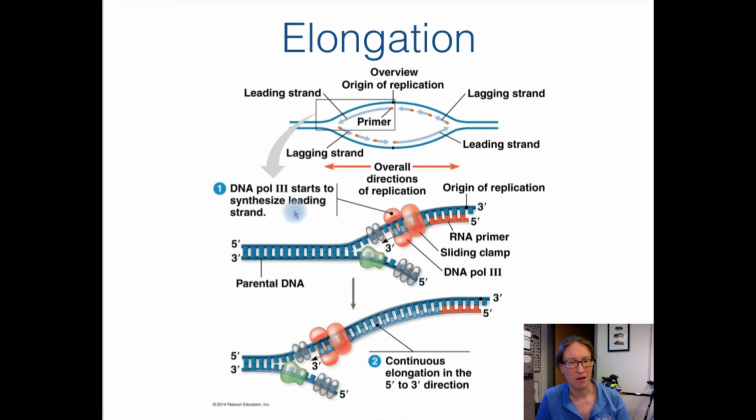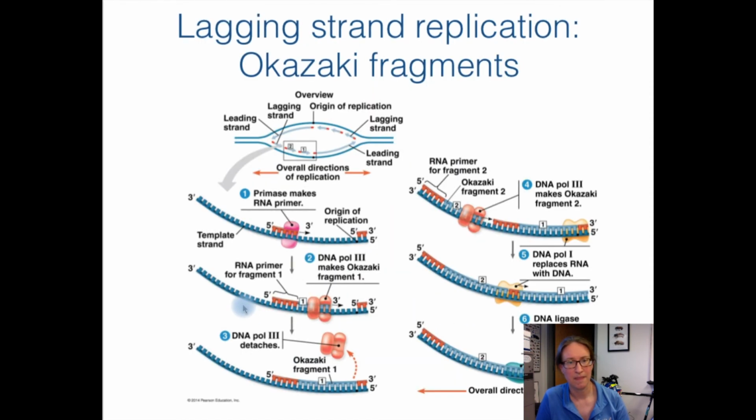Again, the protein that works on elongating that piece of DNA is DNA polymerase 3, building in that 5' to 3' direction. And that will be a continuous process along that leading strand.